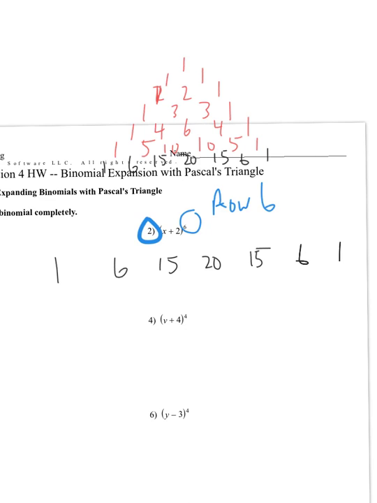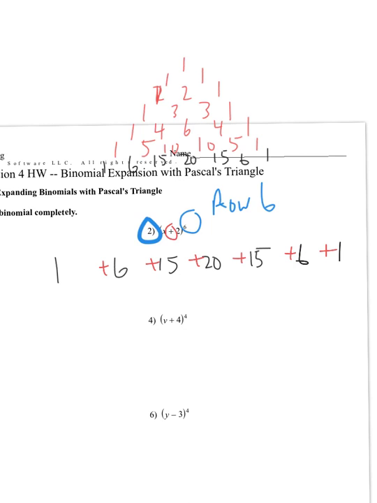Now, here's the next thing. If there is a plus sign in the middle of the binomial, it means every term is going to be positive. So you don't really have to put a positive sign in front of the 1 at the beginning, but all these other terms are going to be positive. So these are all going to be positive. Next example I'll do one with a minus sign in the middle and show you what happens.